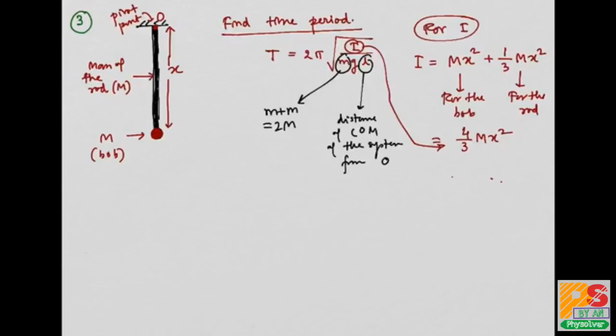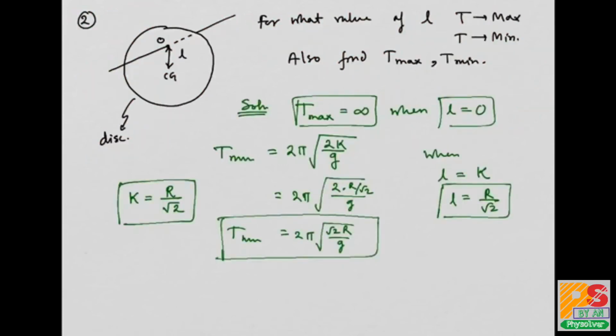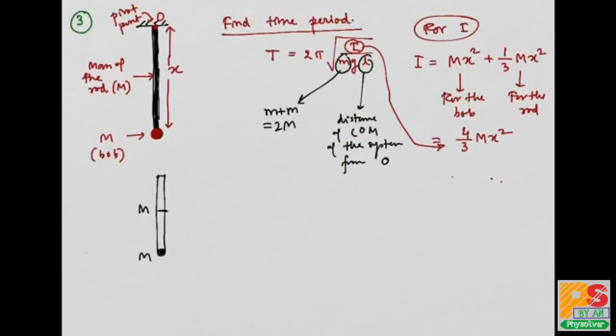Now we have to calculate the position of the center of mass. For the rod, the center of mass is situated exactly at the middle, and for the bob, which is very small, the center of mass is situated here. The rod is uniform, so the center of mass of the compound system must lie here, at a distance x by 4.